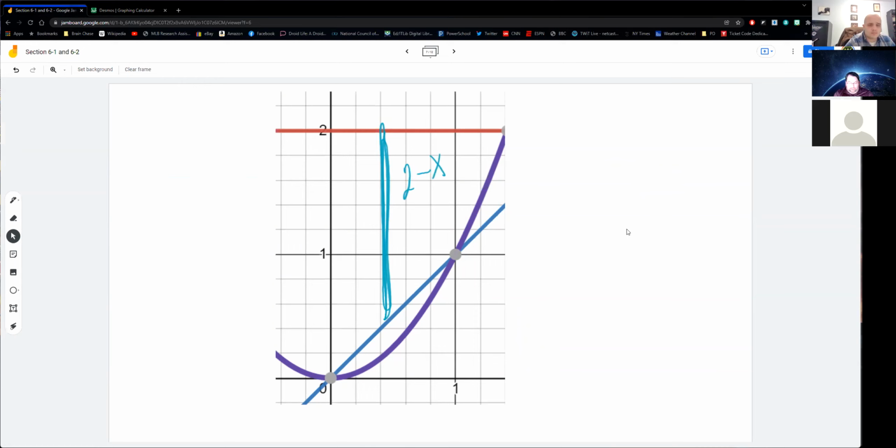The green one is all the way down to there, and that's 2 minus x squared. So those are the radiuses. If I was to spin it around that line, that would be the radius of those circles.